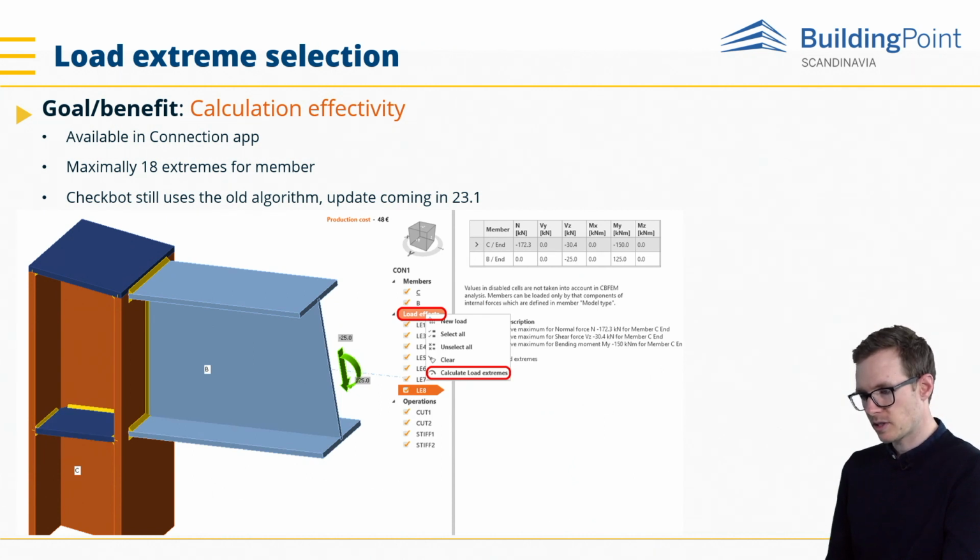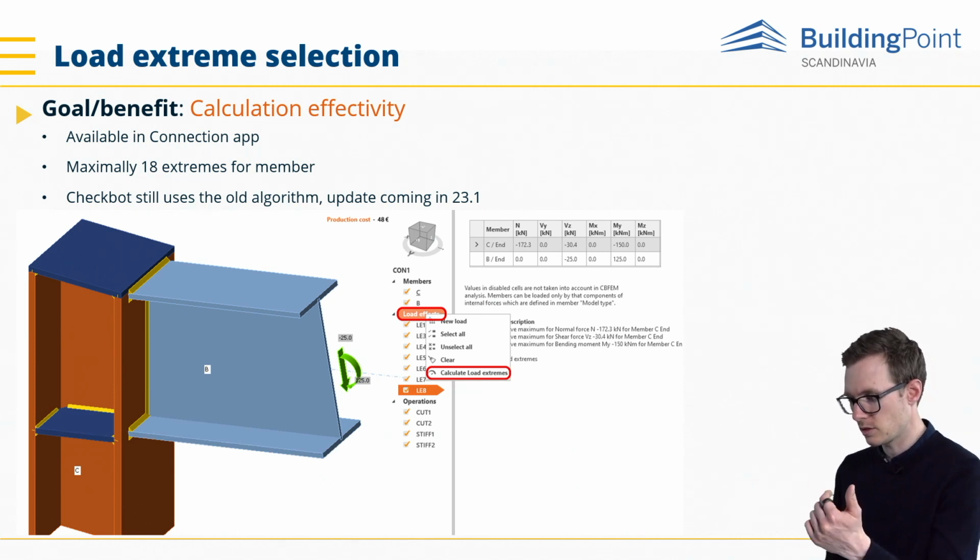Load extreme selection. Since this new version, we have established a new algorithm for searching the critical combination. The members undergo a loop of iterations where the algorithm searches the combination of normal stress, shear stress, and combination of normal and shear stresses.